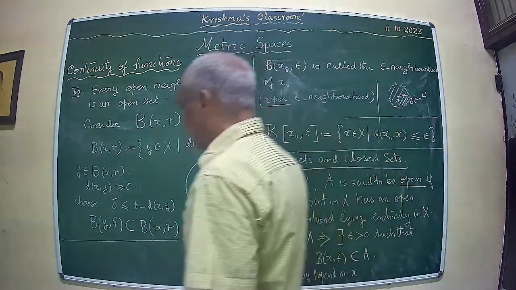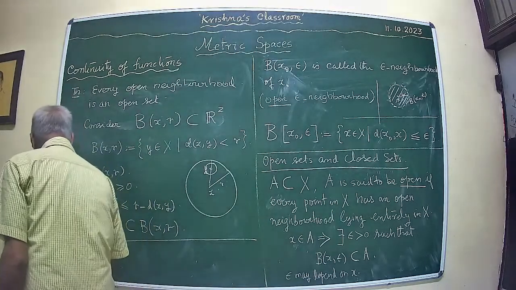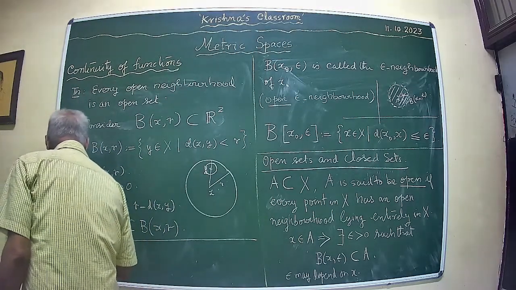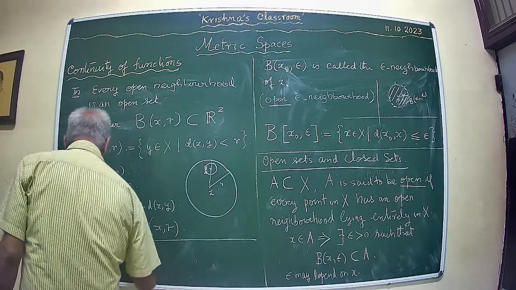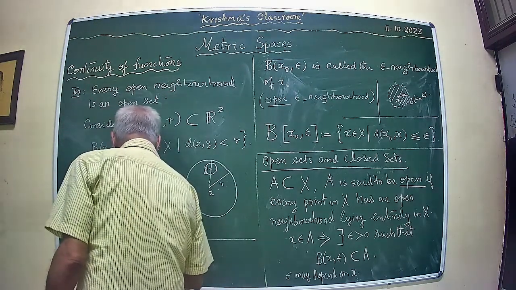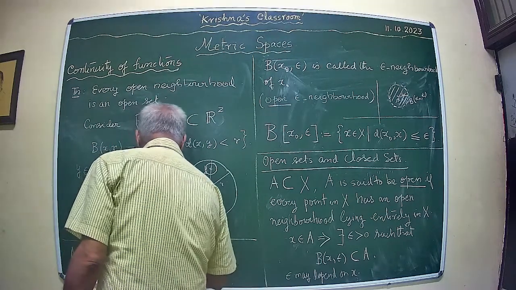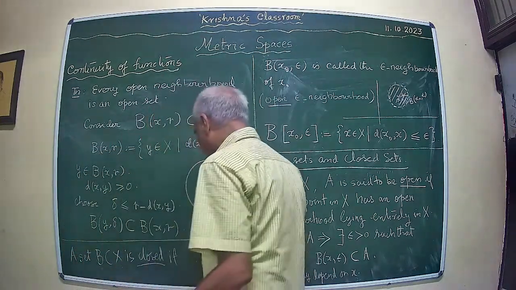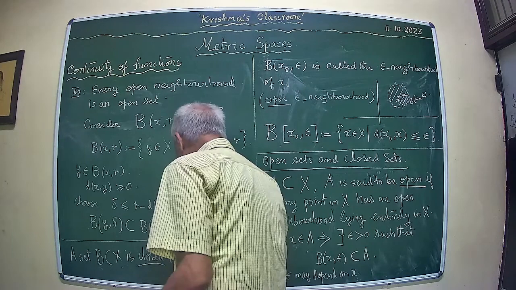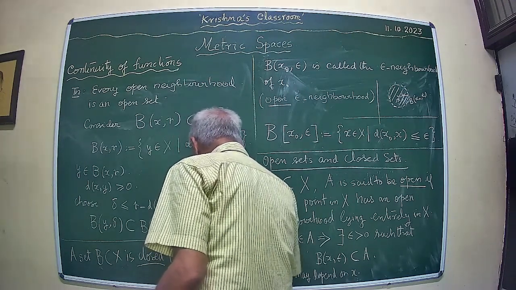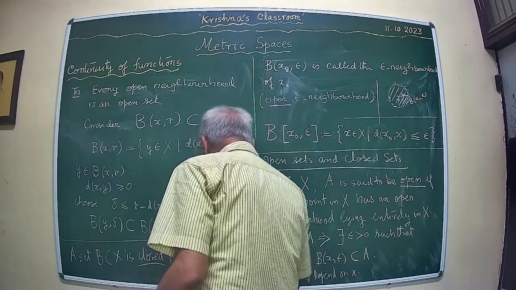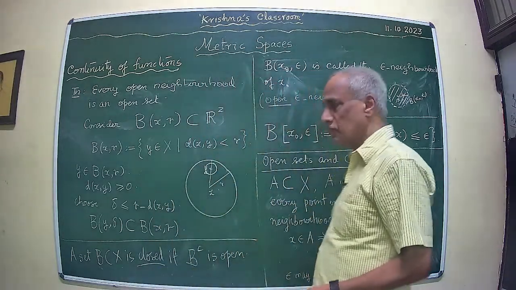Now we say that a set B is closed if B complement is open.